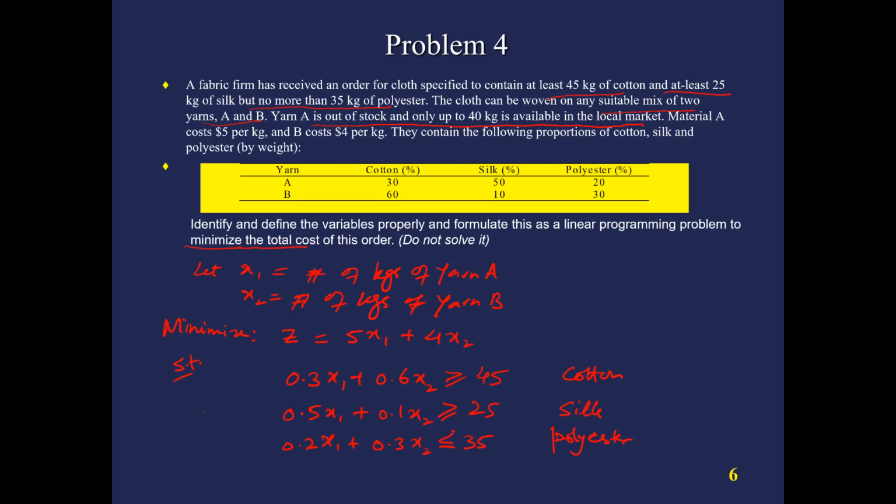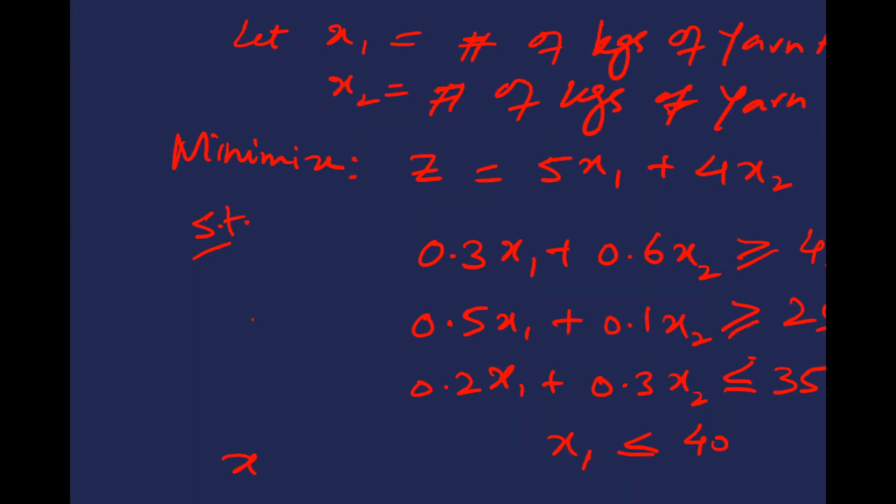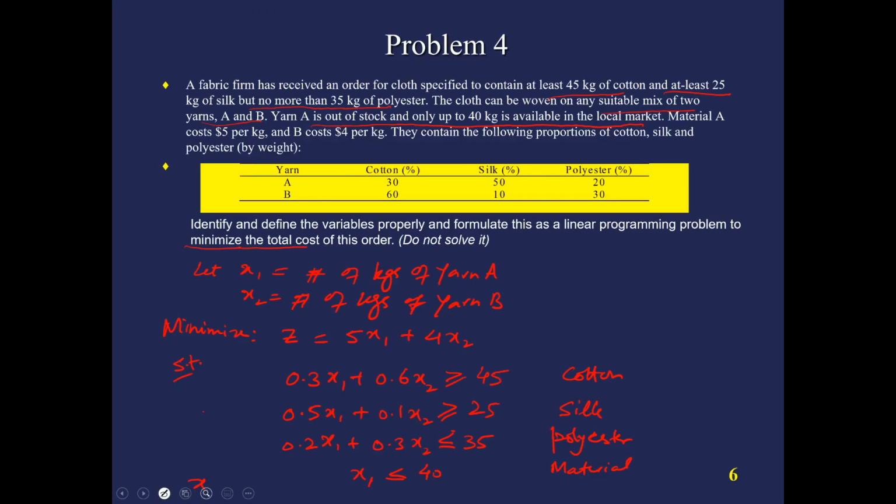Yarn A is x1 and it should be less or equal to 40 kg. So this is material constraint, we can say. And then of course we say that x1 and x2 both greater or equal to 0.